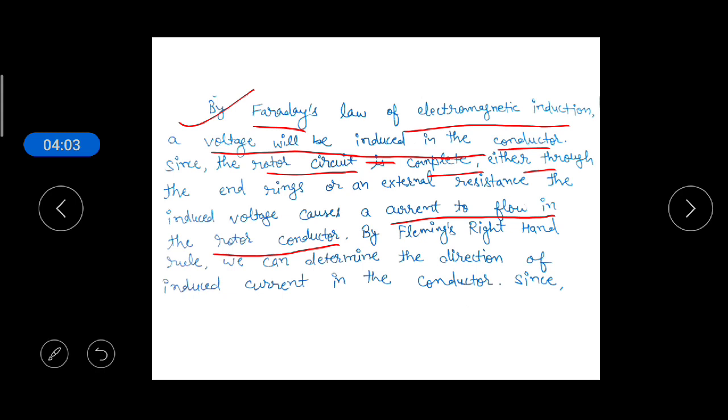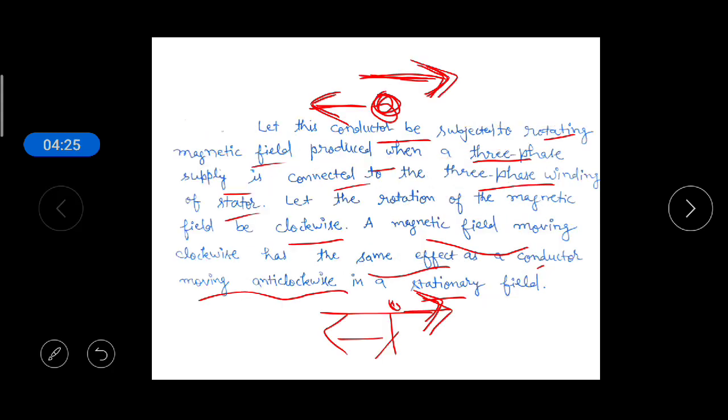A current will definitely flow in the rotor conductors. And we are about to find out the direction of this induced current in the rotor conductor, which direction it will flow. We can easily find this out by applying Fleming's right hand rule.